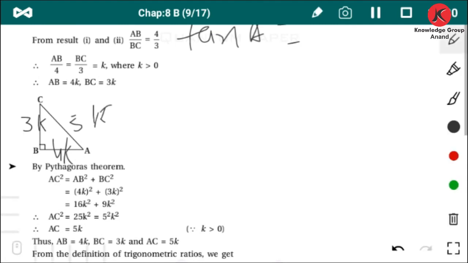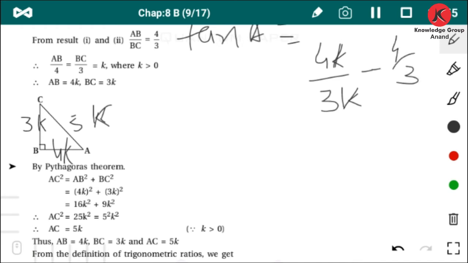Now in the triangle, first we get the definition of tan theta. Tan A is equal to opposite upon adjacent. Tan A is equal to 4K upon 3K, that is 4 by 3. And we use sin theta, cos theta.